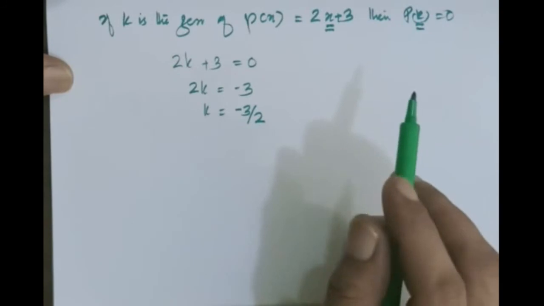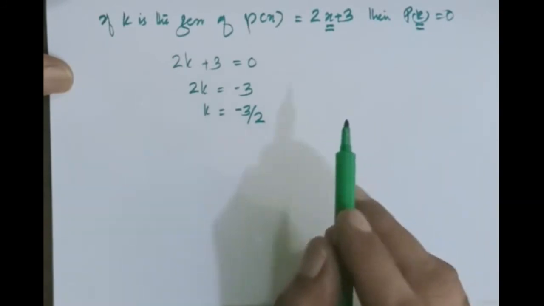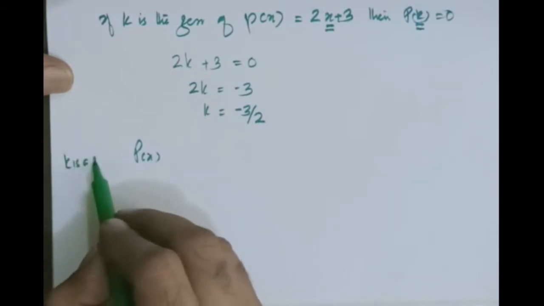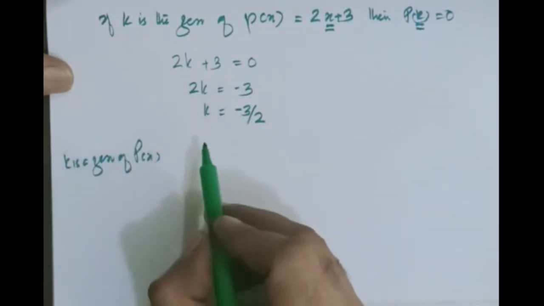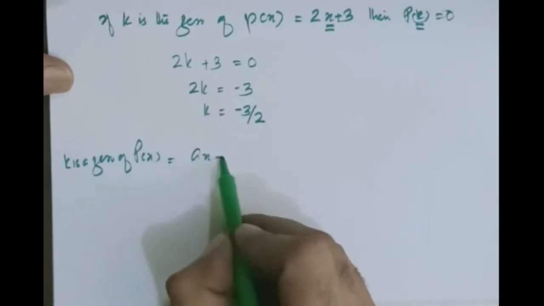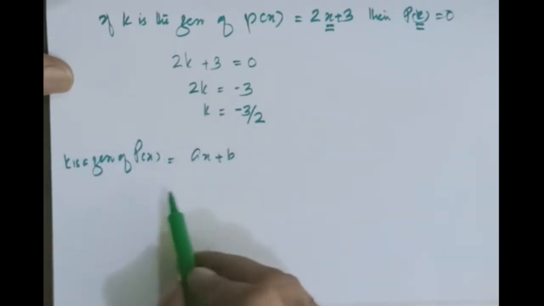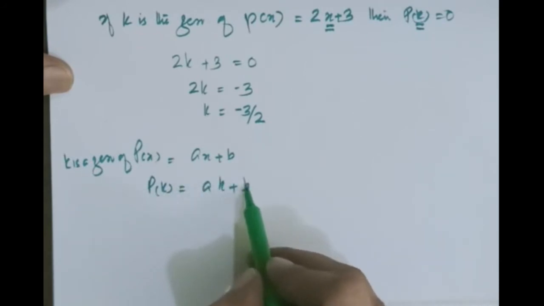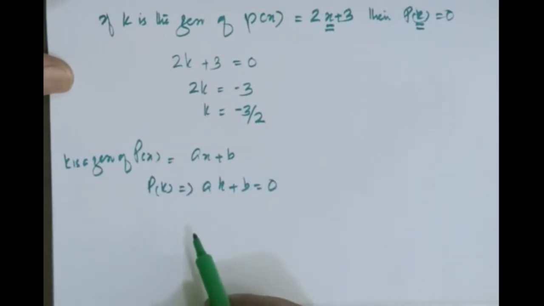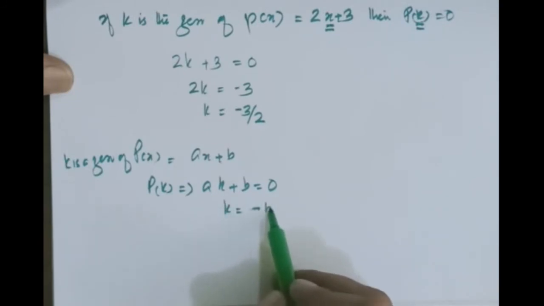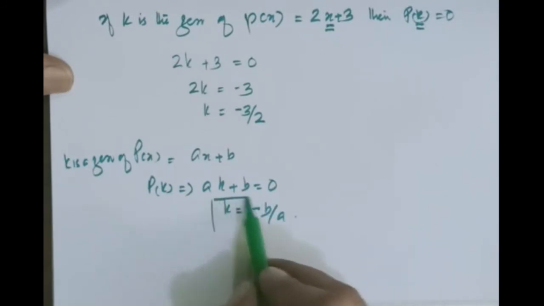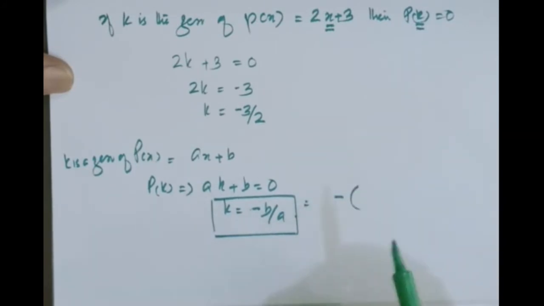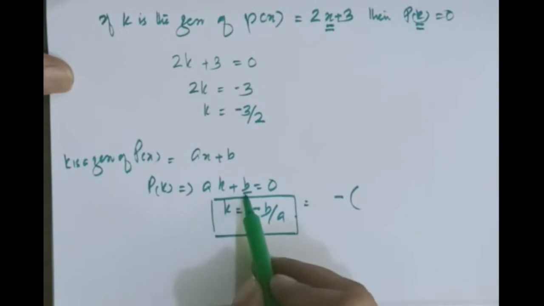In general, if k is a zero of p(x) equal to ax plus b, then p(k) equal to ak plus b equal to 0, that is k equal to minus b by a. That is what? Minus of, what is b? b is the constant term.